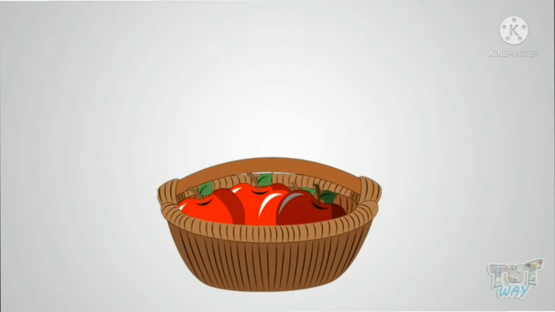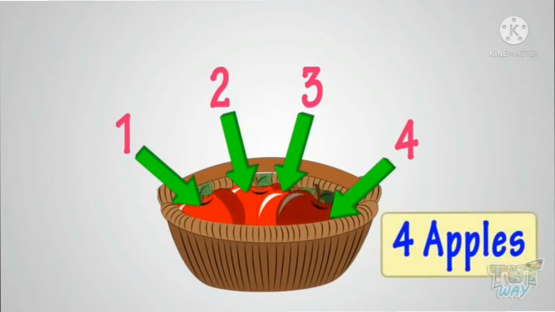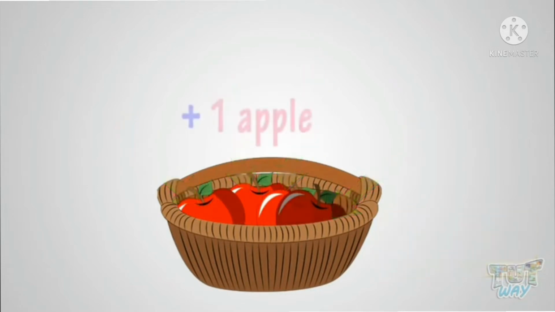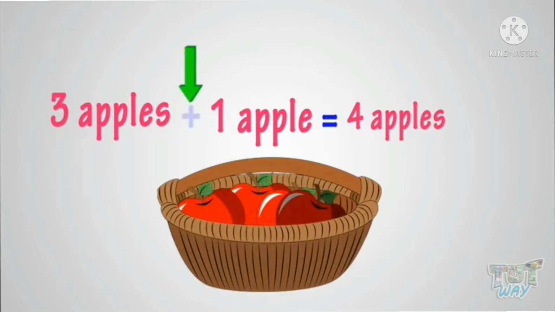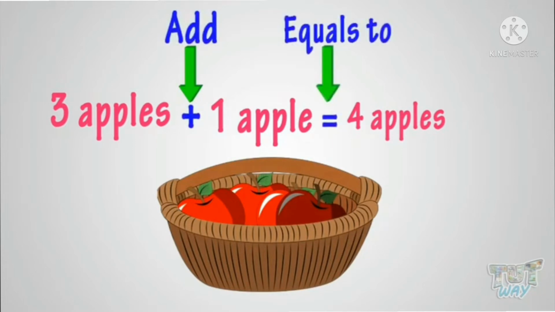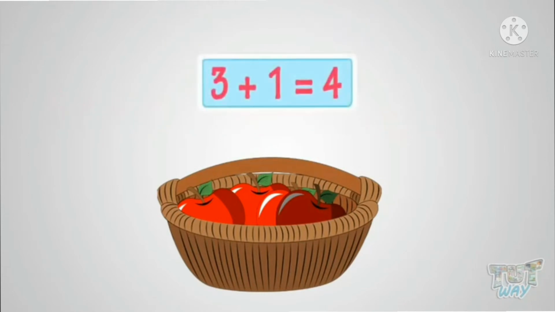Let's count. 1, 2, 3, 4. So there are 4 apples in the basket now. That is, by adding 1 apple to 3 apples, we get 4 apples. Here, this means add. This sign means equals to. So 3 plus 1 is equals to 4.